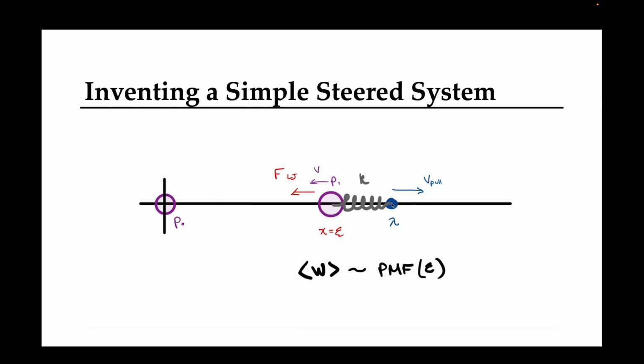And essentially what we're going to calculate each time is we're going to pull on our particle, P1, with a spring, with spring constant K, by moving lambda, right? And by tracking the work that is done on P1 by the spring, we're going to get a relationship between the mean work from a number of trajectories, doing this experiment a number of times, and this potential of mean force function of psi, which is x here, right? And that's analogous to what the actual real Helmholtz free energy is as a function of lambda.